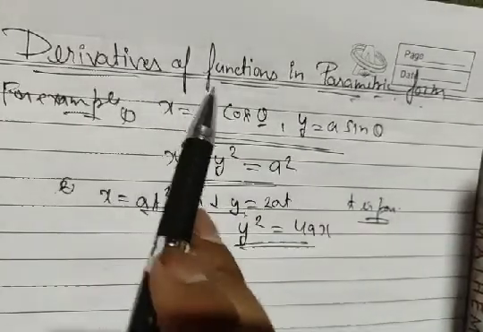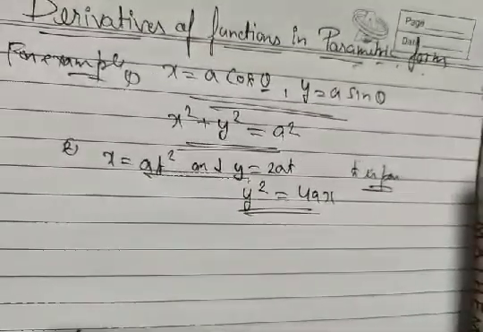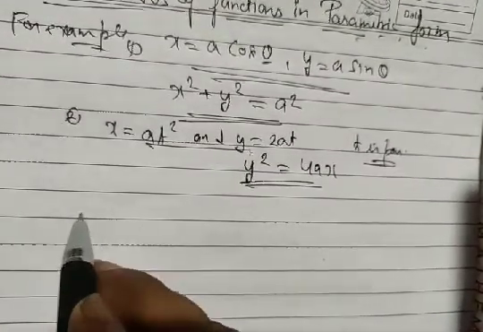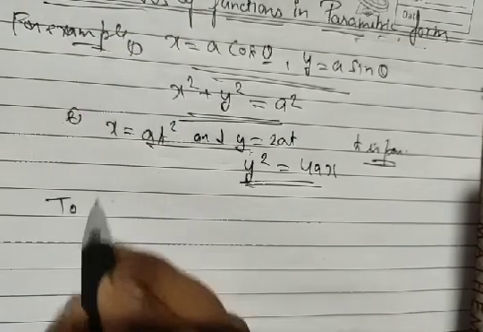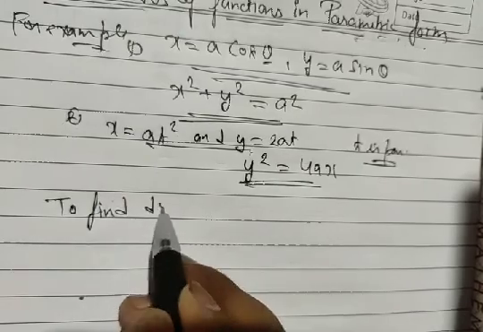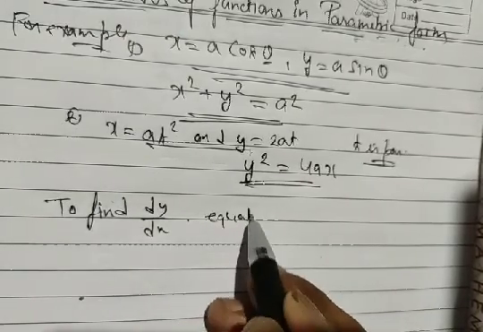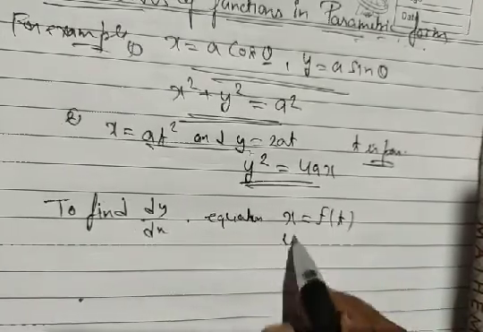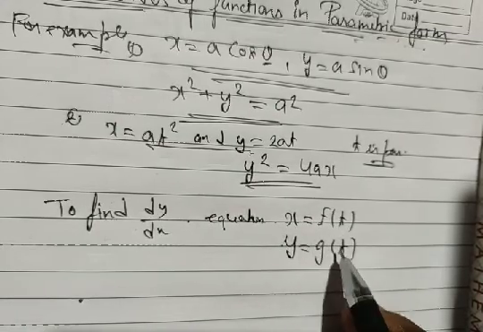Then how do we get the derivative of a function which is in parametric form? Just suppose we have to find dy dx. What do we do to find dy dx? Suppose we are given the equations x equal to f of t and y equal to g of t. These are parametric functions in parameter t.